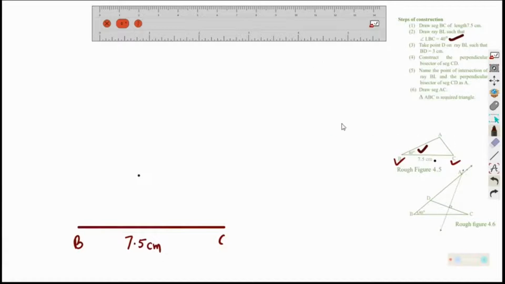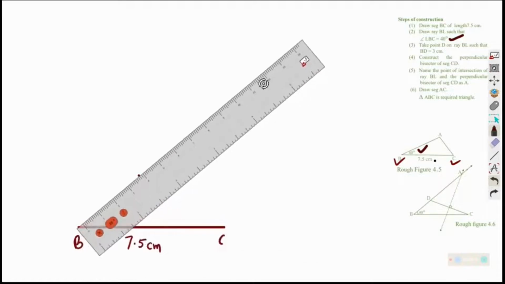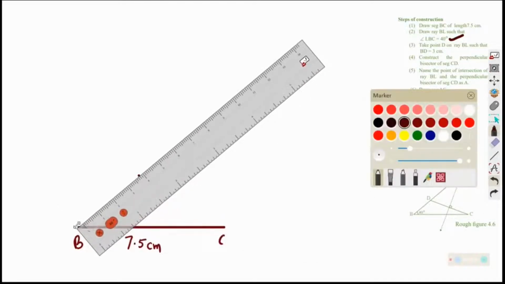We need the ruler to complete the diagram. We will remove the protractor and bring our ruler back. Okay, and I need to draw that side, which is marked as the 40 degree angle, which is important in the construction.